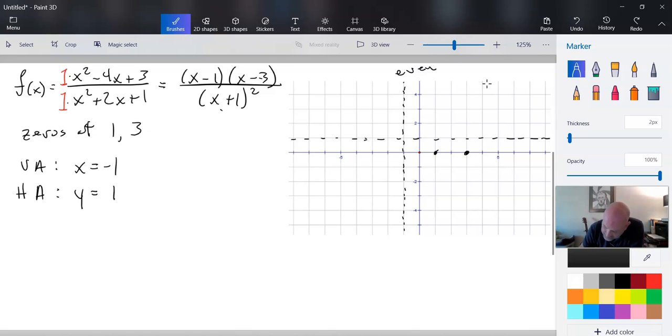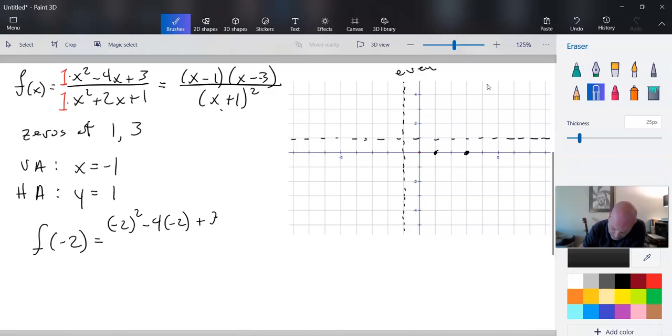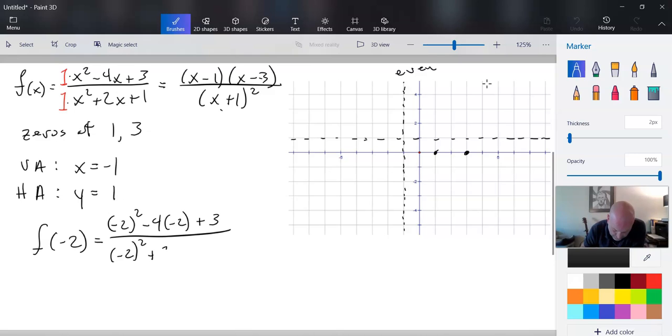The asymptote's at -1, so I'm going to plug in -2 to the function. So we're going to look at f of -2. f of -2 would be -2 squared minus 4 times -2 plus 3. That's a 3, I swear. And then down here, -2 squared plus 2 times -2 plus 1.